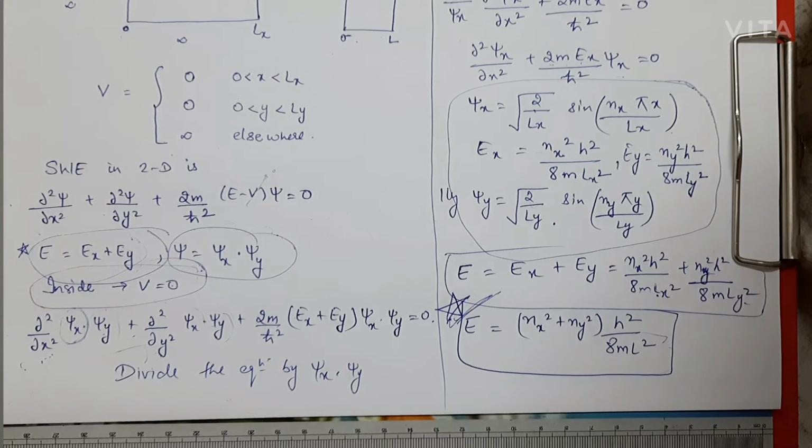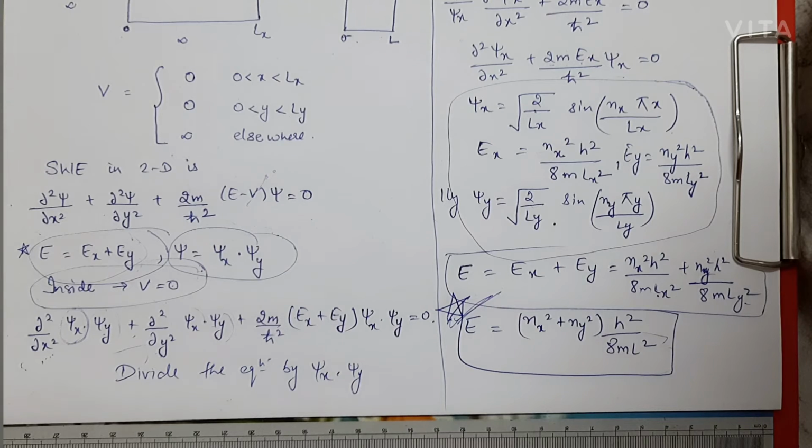Now I want to give you one homework. You have to find the degeneracy of each energy state and also the value of energy of each energy state, just like the case we plotted for the particle in a one-dimensional box. You have to plot the values of each energy state and the degeneracy values.